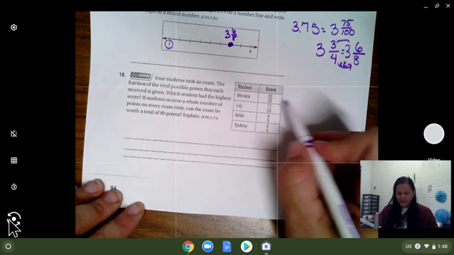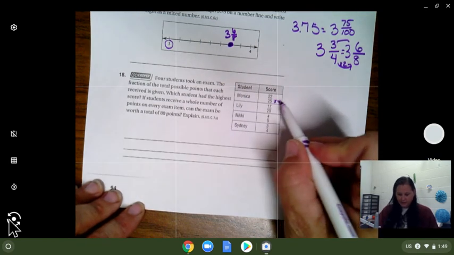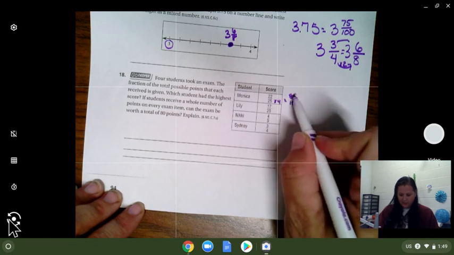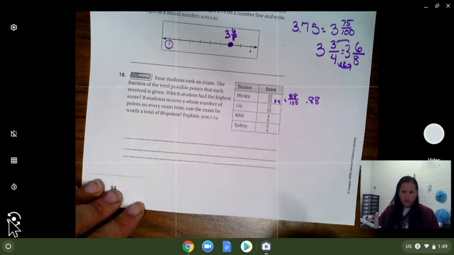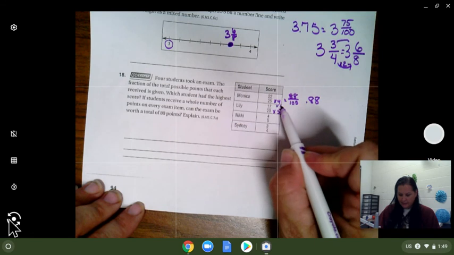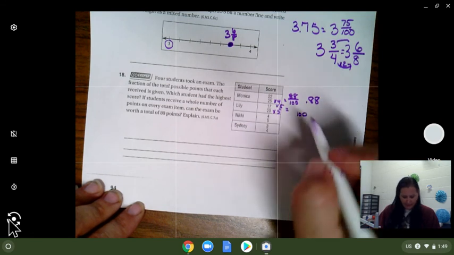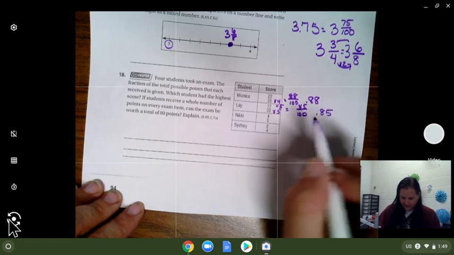So here we're going to have to compare decimals. I know this one, if I multiply by 4, I can get hundredths on the bottom. 4 times 22 is 88. 88 hundredths can be written like that, which would be 88% on the test. This one, if I multiply the top and bottom by 5, I can get 100 on the bottom, and that will be 85 hundredths, so it's 0.85.